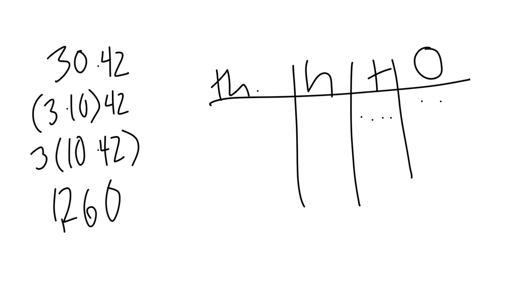We're going to shift each one of these place values to the next value. So we're going to have 2 tens, and then these 4 tens are going to the hundreds. And then we have 420 right now for our values, and then we are going to times each of those by 3.